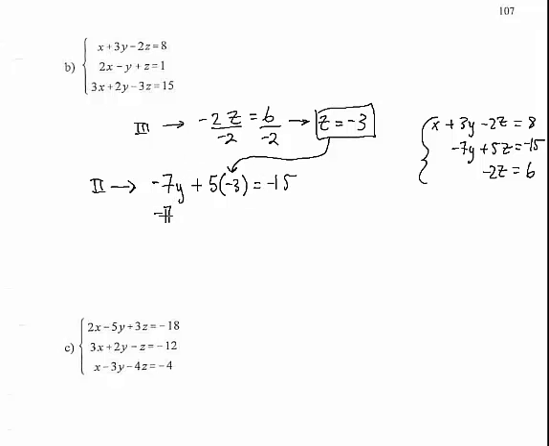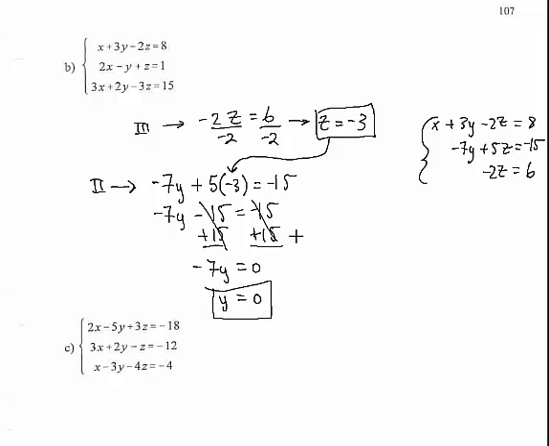So this is negative 7y minus 15 equals negative 15. If I add 15 to both sides, I'm one step closer to getting the y by itself. So negative 7y equals 0, and so y equals 0. I've found my second variable.